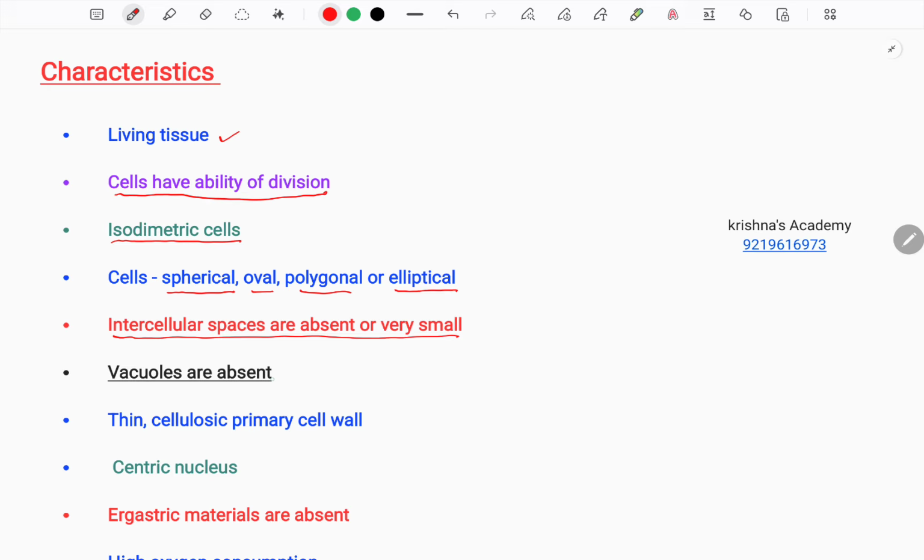Another important feature is that vacuoles are absent. Vacuole is the characteristic feature of mature plant cells which get differentiated to perform a specific function. As you know, more than 90% of the cell volume is occupied by a large central vacuole, which is the characteristic feature of the plant cell. These vacuoles are absent in animal cells.